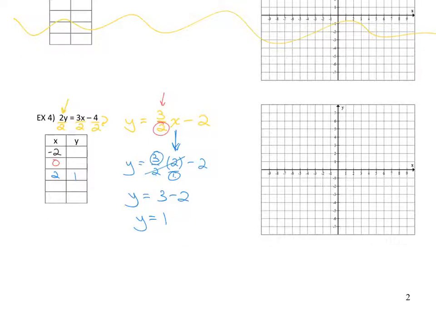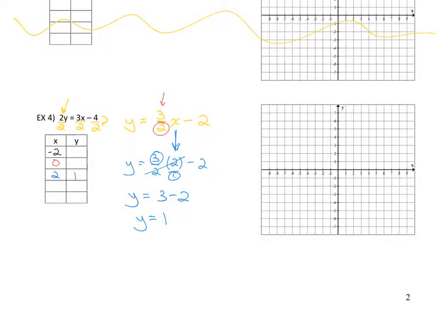And we pick 2 because it's divisible by 2. Honestly, you could pick 4 or 6 or 8 or any number that's divisible by 2 and it will work. We usually just pick the positive and negative of the number that's in the denominator and 0. Because when you substitute 0 in for x, 3/2 times 0 is just 0. 0 minus 2 is just minus 2.